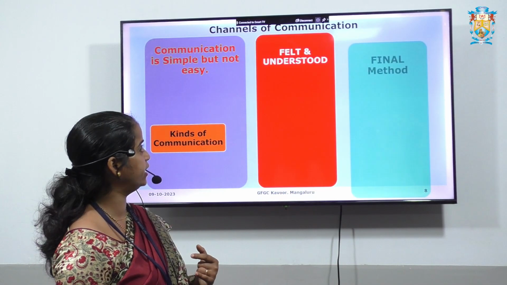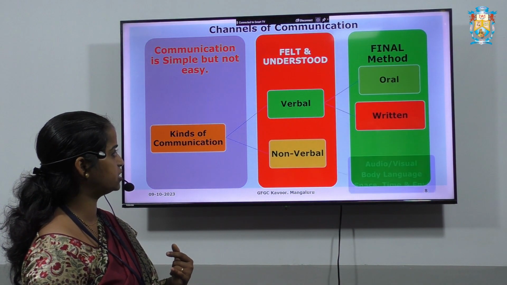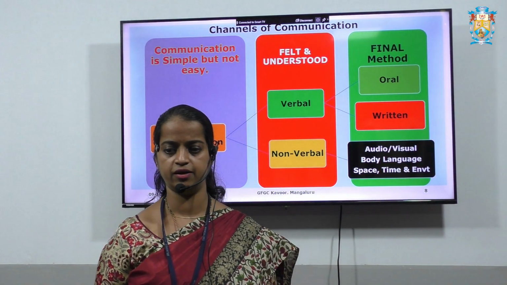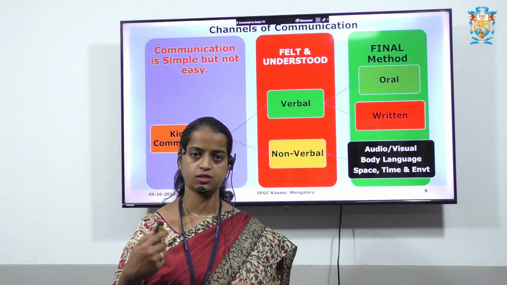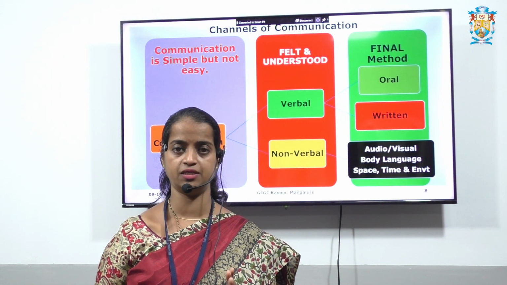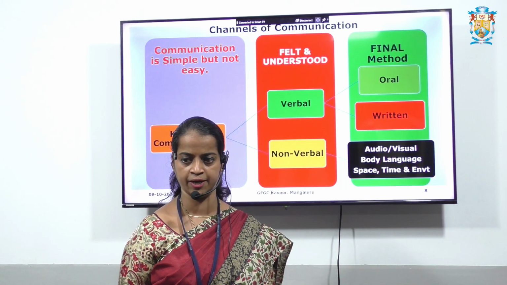Moving on to the next slide, there are channels of communication. Here there are various channels of communication. First one, communication, as I've said, is simple but not easy, which should pass to the receiver, and the receiver should understand. It should be concise, it should be in a simple form, so that the other person will understand.